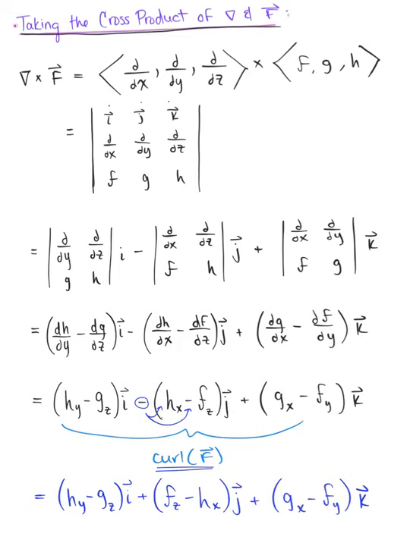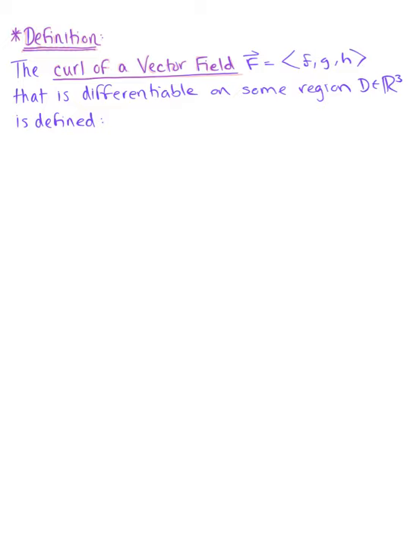So these are, again, equivalent forms for our curl. Now that we see where the curl of a vector field in space comes from, we're officially ready for our definition. We say that the curl of a vector field defined by some vector f with components f, g, h that is differentiable on some region D in 3 dimensions is defined as the curl of vector f, and this is equal to the cross product of the del operator with our vector field.